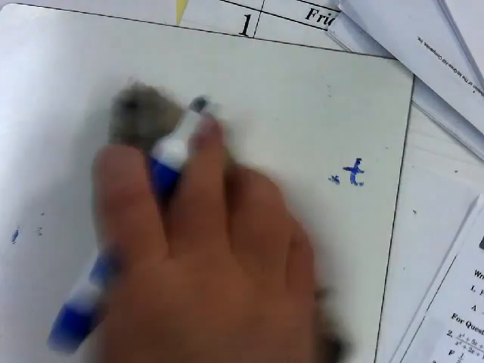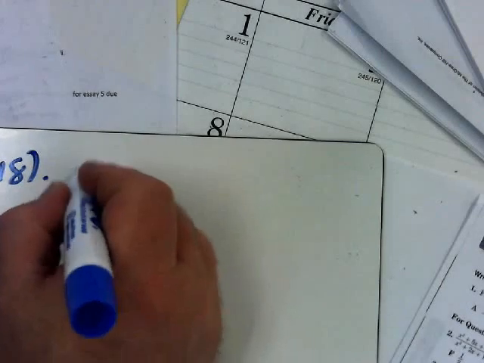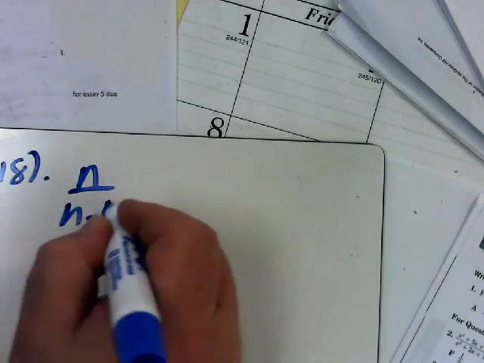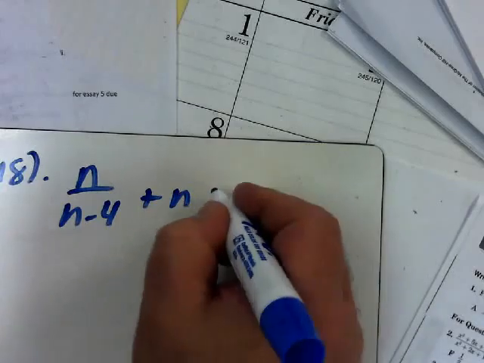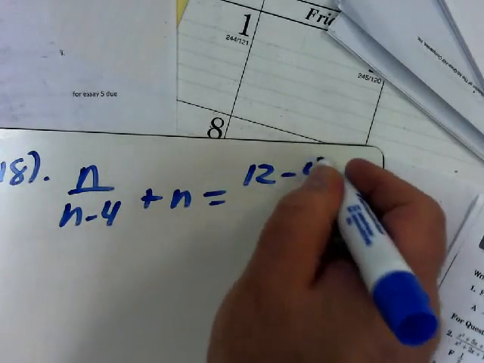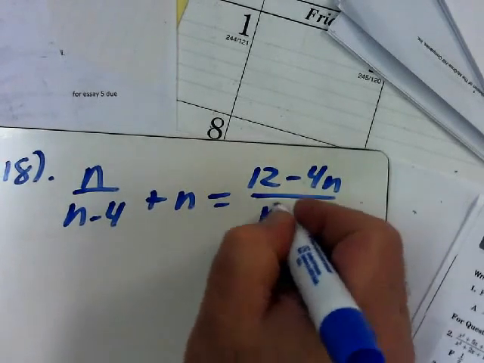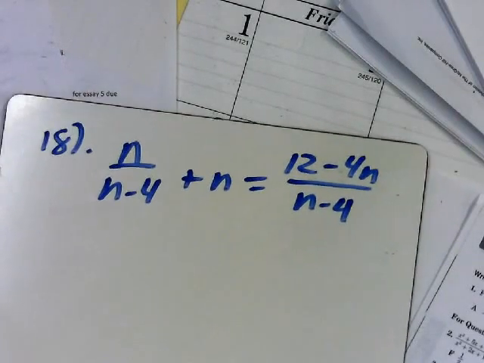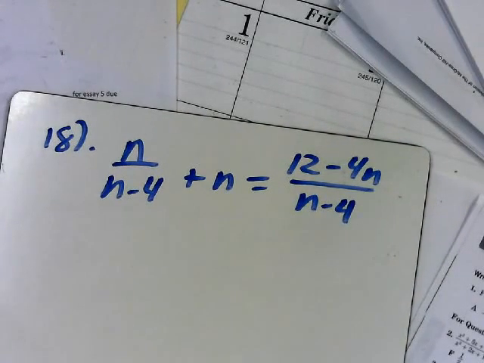Number 18. n over n minus 4 plus n equals 12 minus 4n over n minus 4. Got an equation with fractions. How many people want to work with fractions? Anybody? That is just a common denominator.